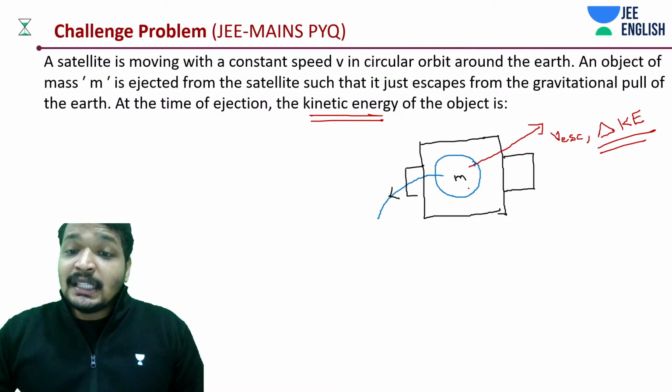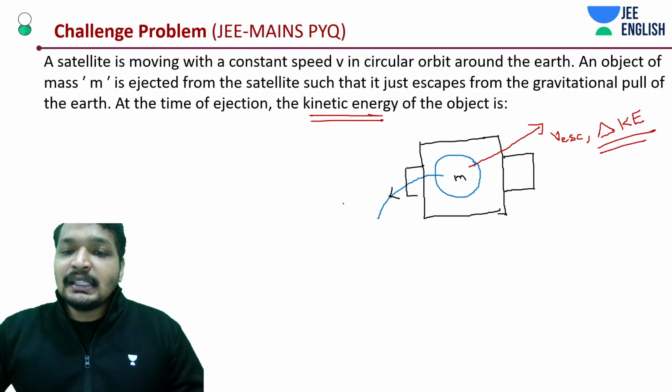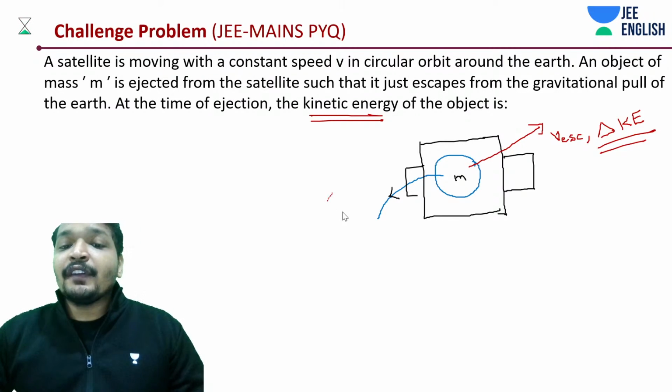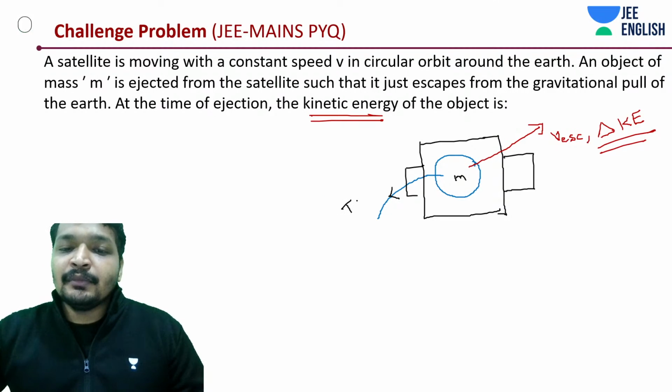This small mass m already has some total energy. Let me use a different color associated with it, which is different from the delta KE. It has some total energy, some potential energy, kinetic energy, etc. associated with it.